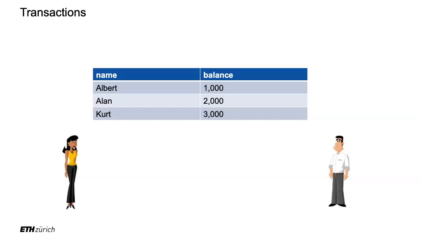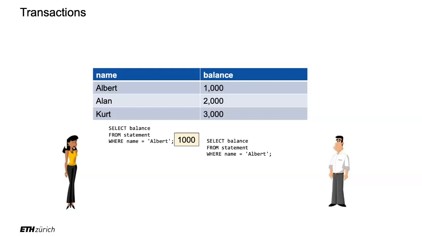Albert has 1,000 francs. Alan has 2,000. Kurt has 3,000. And then Alice here is sending a SQL query in order to know, maybe she's a customer representative, and she asks, okay, what's the account balance of Albert? And the PostgreSQL answers, well, it's 1,000, right?